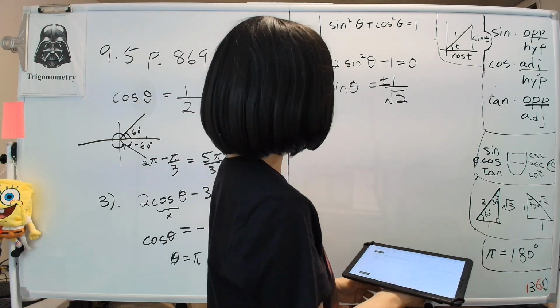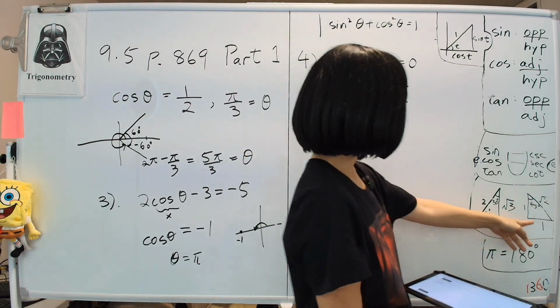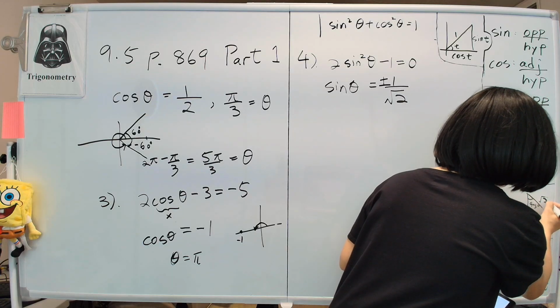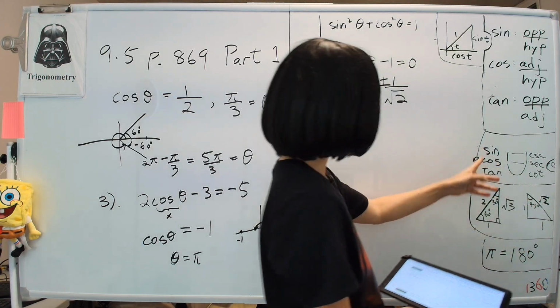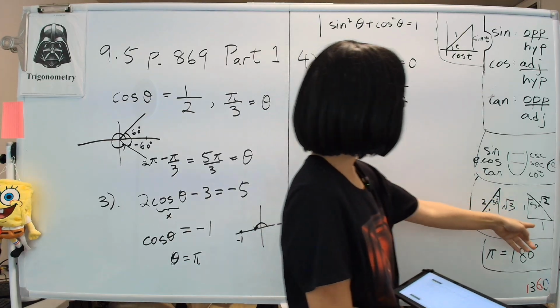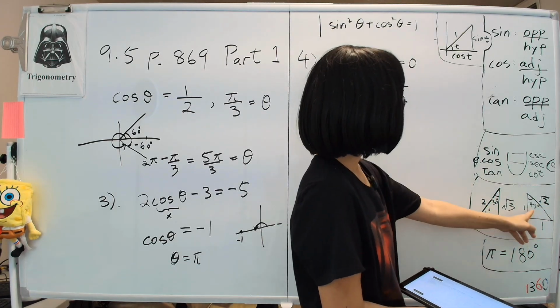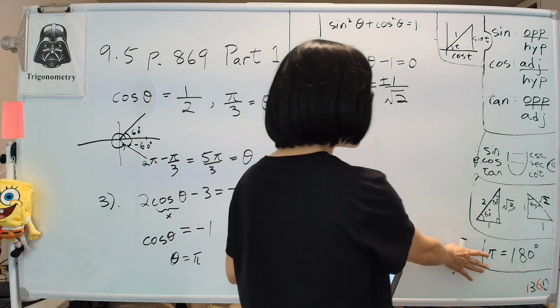So what is theta? Now 1 over square root of 2 for sine theta is right here. See, there's square root of 2. That's kind of hard to read, maybe I should do that. Okay. Now theta, to be 1 over square root of 2, is 45 degrees, right? Opposite over hypotenuse. So theta is 45 degrees or pi over 4 because pi is 180.